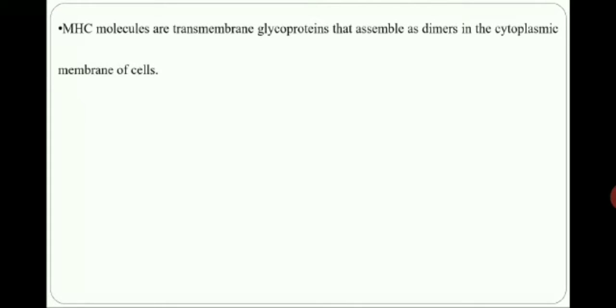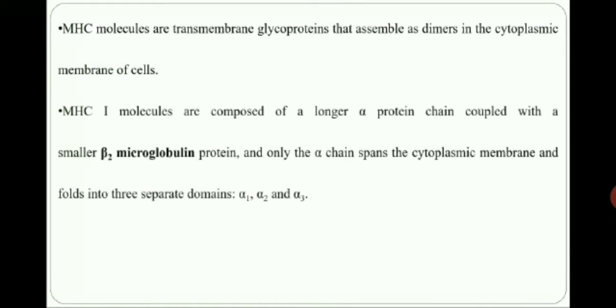MHC molecules are transmembrane glycoproteins that are assembled in the form of dimers in the cytoplasmic membrane of cells. Class 1 MHC molecules are composed of a longer alpha chain which is coupled with a smaller beta 2 microglobulin protein.